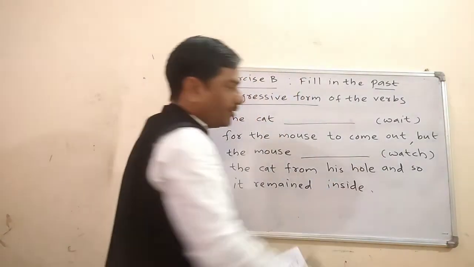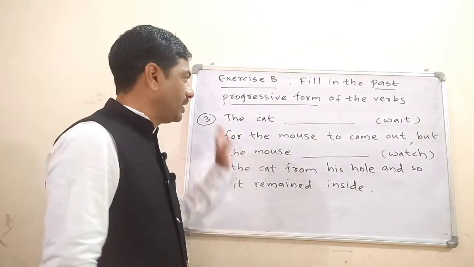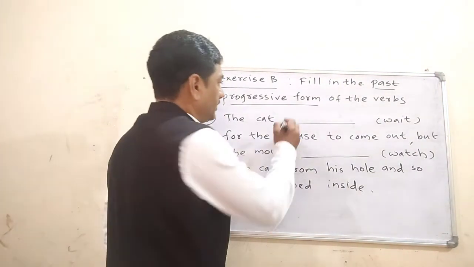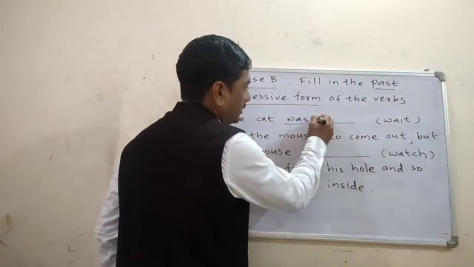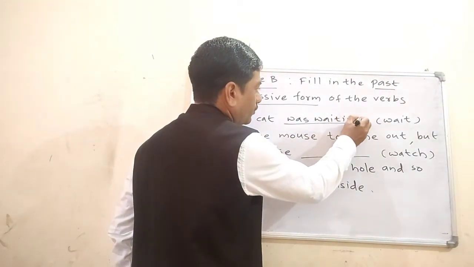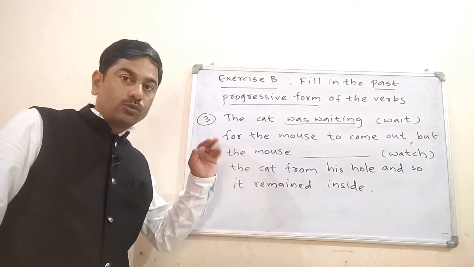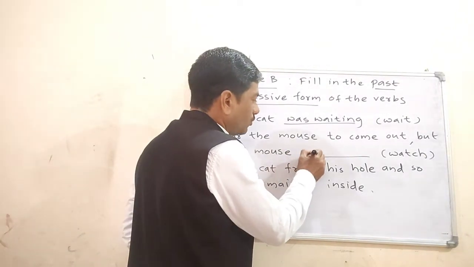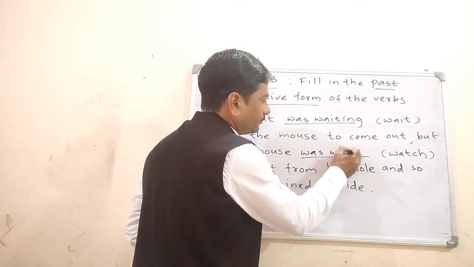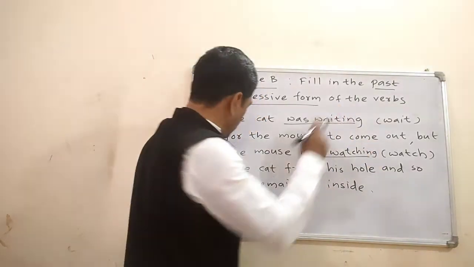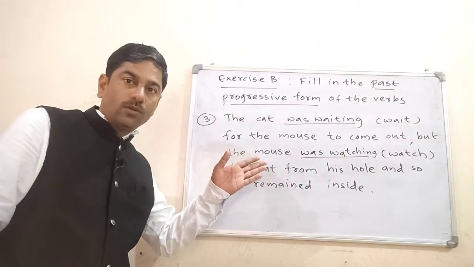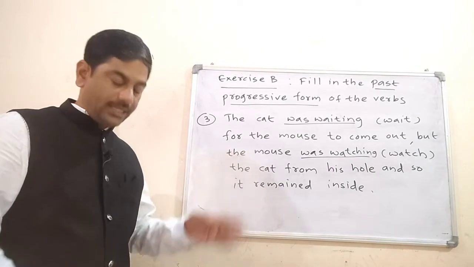So you have to make use of past progressive tense. The cat was waiting for the mouse to come out, but the mouse was watching the cat from his hole, and so it remained inside.